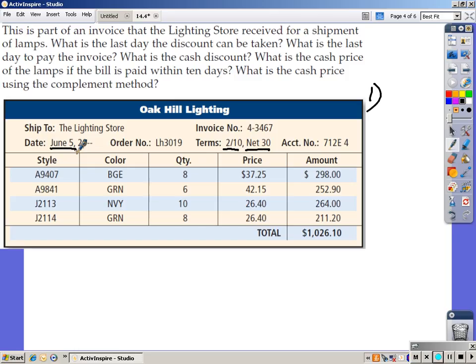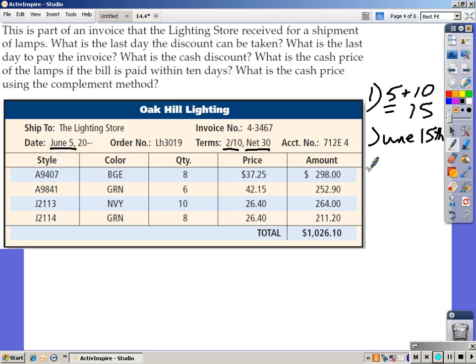This term right here tells me that I get 10 days from the date of the invoice to receive my cash discount. So June 5th plus 10, 5 plus 10 is 15. The last day I can take my cash discount is June 15th.